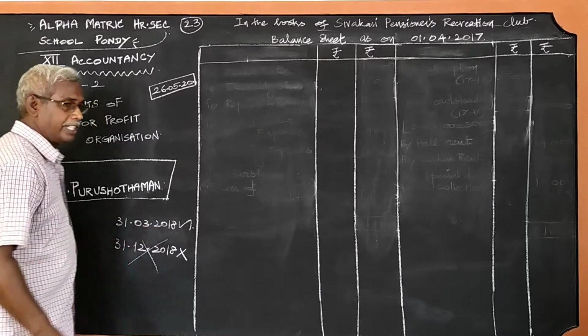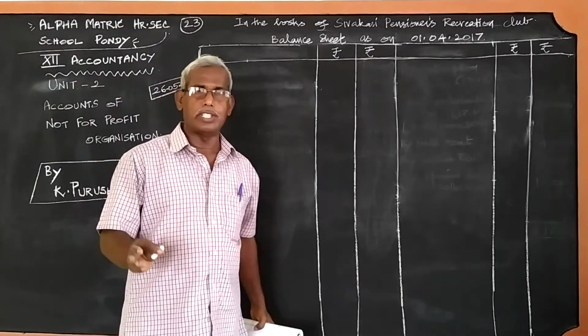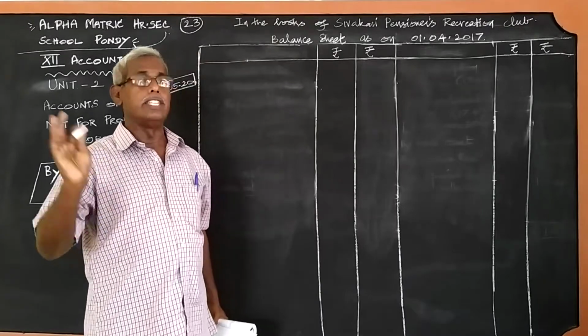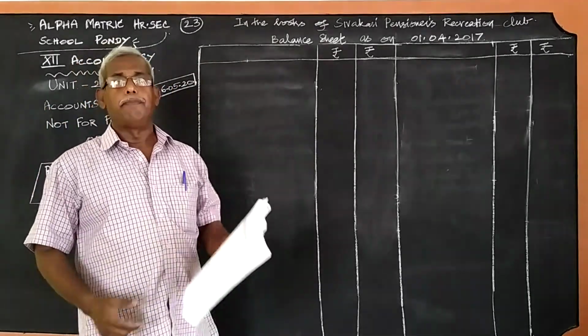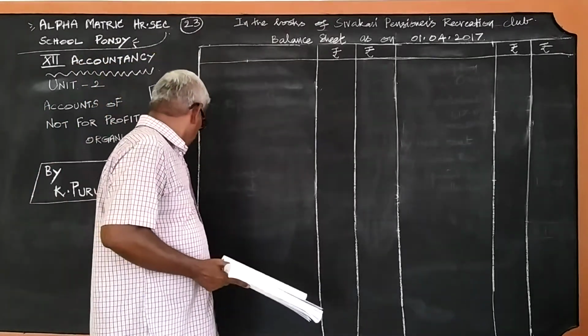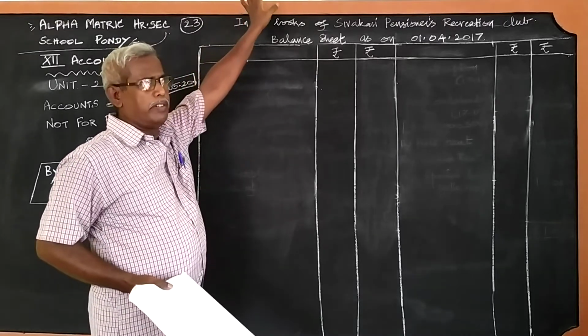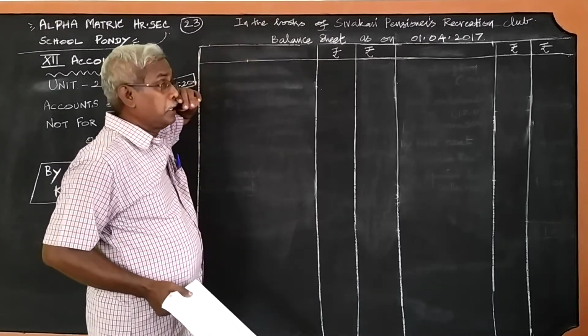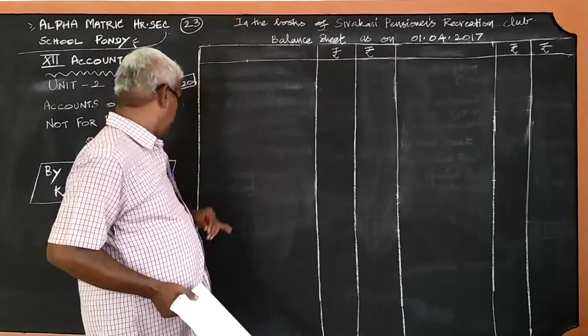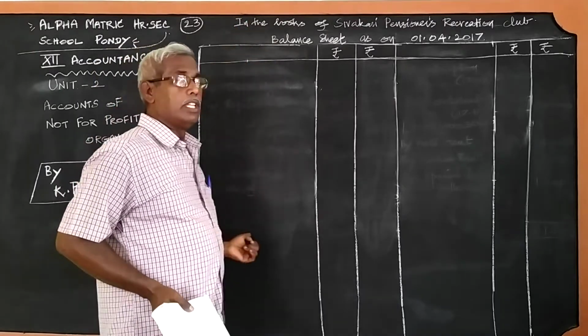This is the correct date. You just check it and change the date. Okay? Right. 31/3/2018 should have been written on the top of the income and expenditure account, but there is 12 instead of 3, you correct it.